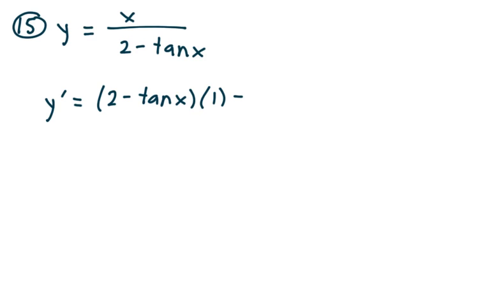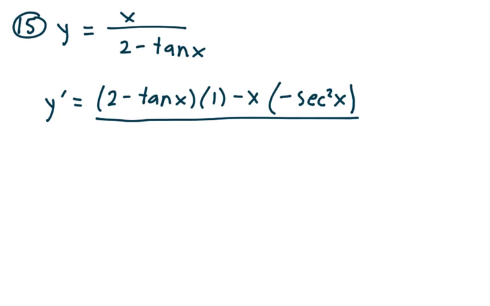We're going to subtract x times the derivative of the bottom function, which is 0 minus secant squared x. So I'll just put in negative secant squared x, and I'm going to divide by 2 minus tangent x raised to the second power.